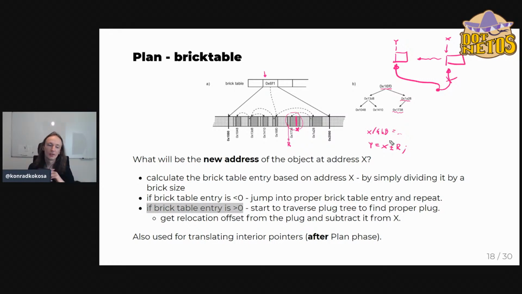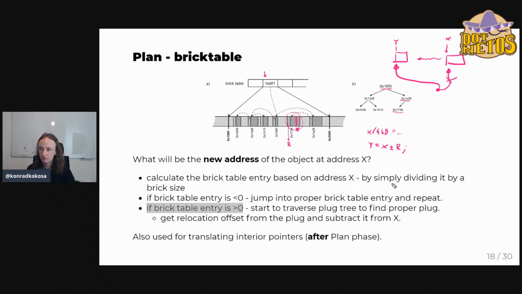And as you see, all this is happening on the side. Even before we start to move objects around, we have all the information that is needed to update references. So we can scan all the references in our runtime, in our application, update those references, and only after that we can really move those objects to their places.